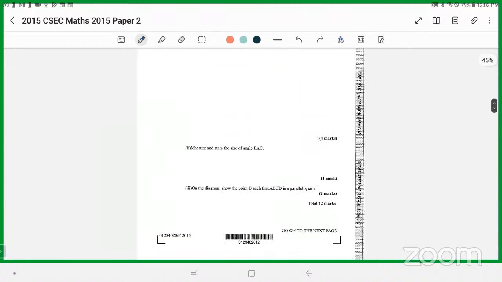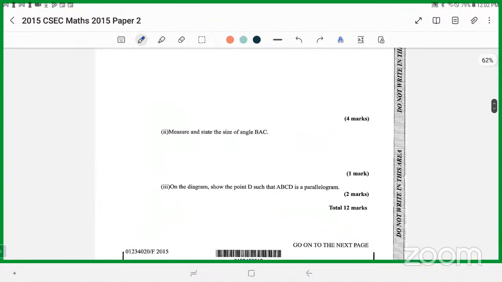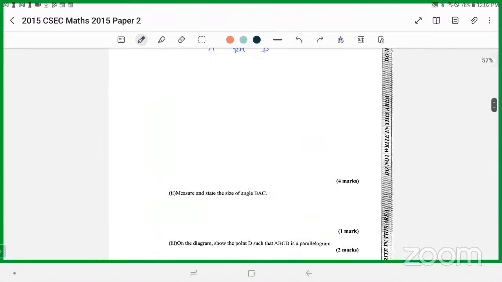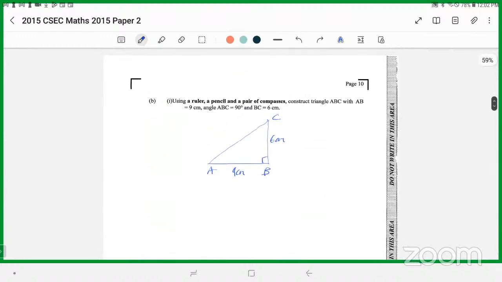On the diagram, show a point D such that ABCD is a parallelogram. So D has to be A, B, C, D. It's going to end up being like a rectangle. You can put D anywhere on this line. Anywhere on this line, D can go.